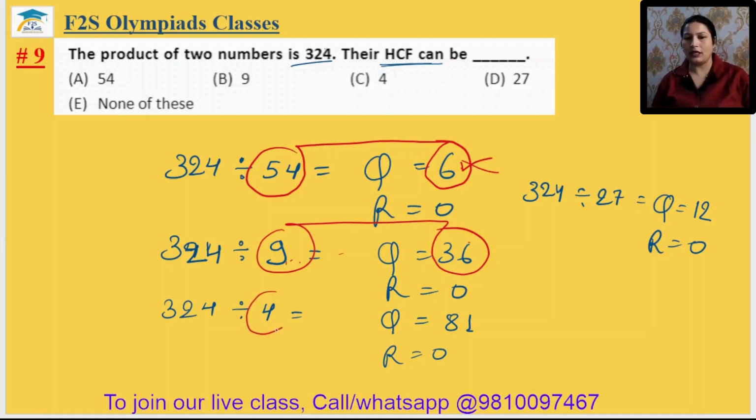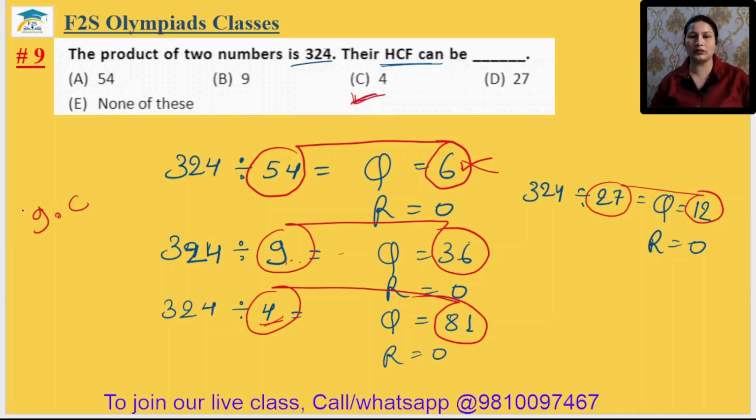Not possible. In case of 4 and 81, 81 cannot be divisible by 4. So 4 can be the HCF. Here 27 and 12 can also be simplified. That's why 4 can be the option. So ninth answer is option C.